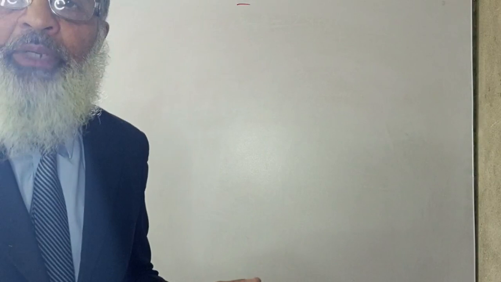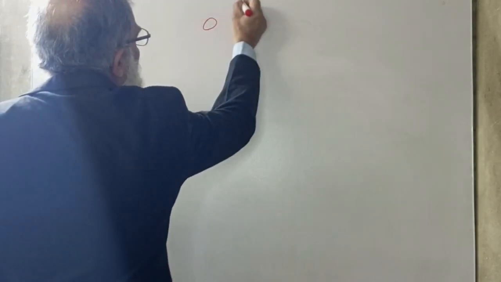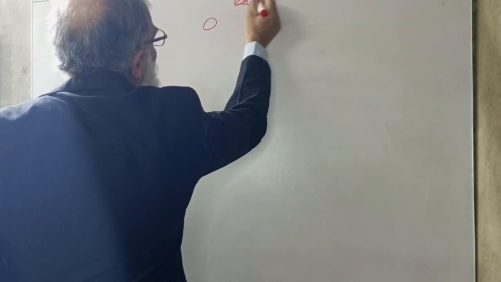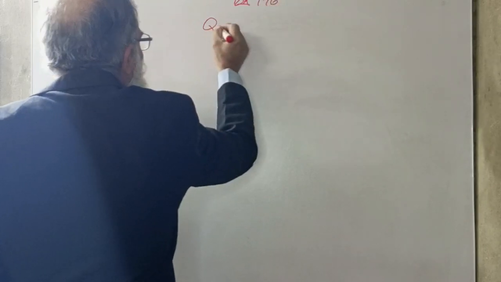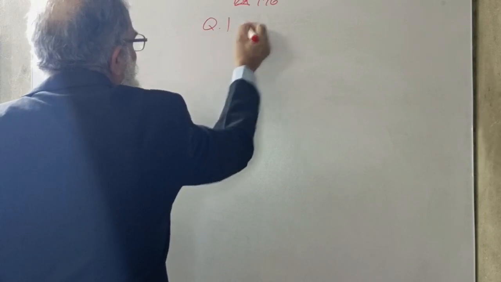So let me try one or two examples, and that is from exercise 1.16 and question number 1, and the part is K. Let me also write it over here. Exercise 1.16, question 1, and part is K.